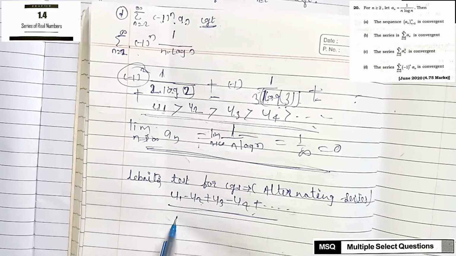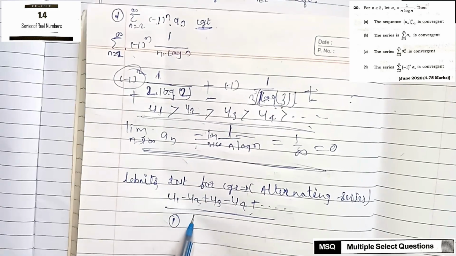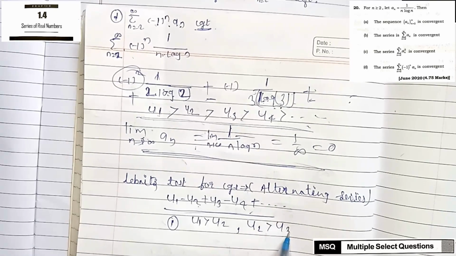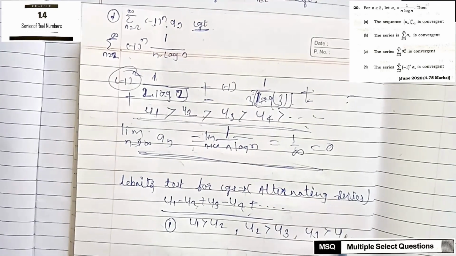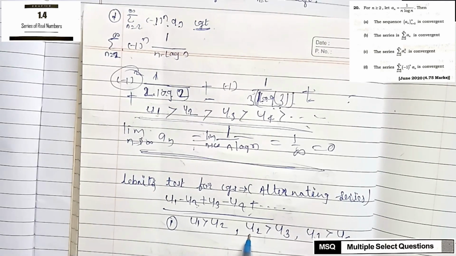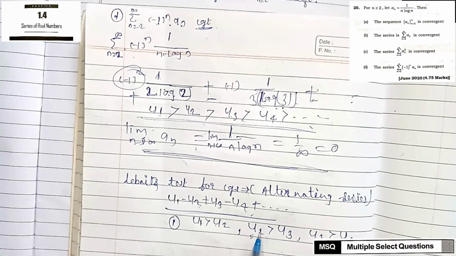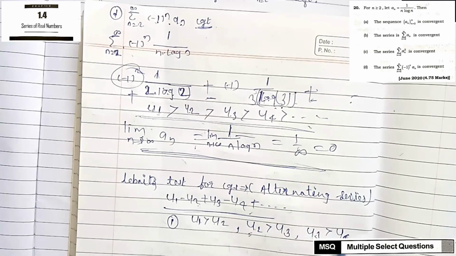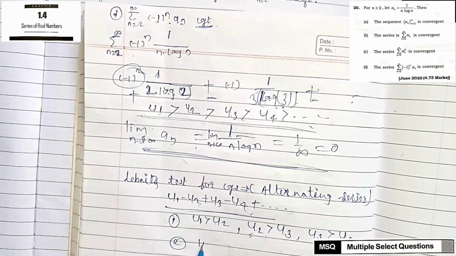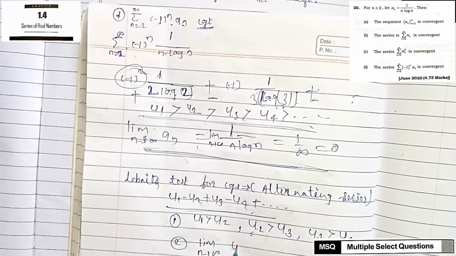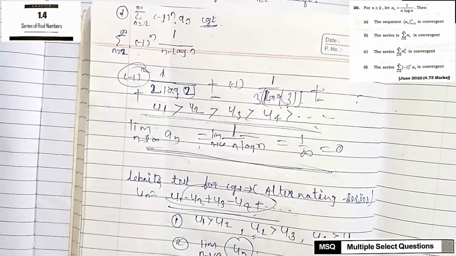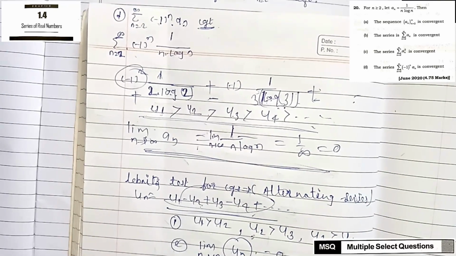And it must satisfy the following conditions. u1 needs to be bigger than u2, u2 bigger than u3, u3 bigger than u4, and so on. The second condition is that when we apply the limit as n tends to infinity to un, we need to get 0.